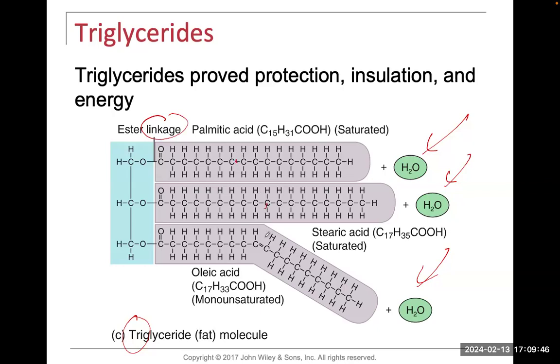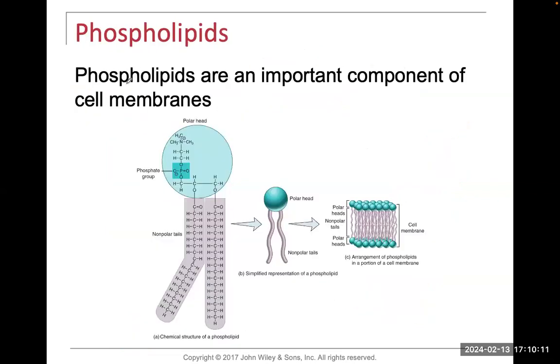Saturated, saturated, there's a double bond, unsaturated. Palmitic, stearic, and oleic acid. Again, you don't have to memorize the names of these, but I just want you to understand the concept of how dehydration synthesis went from making something smaller into something larger. And the triglycerides are involved with protection, insulation, and energy.